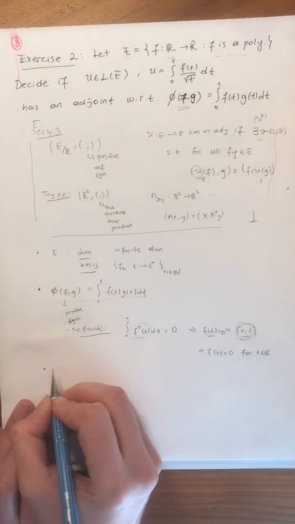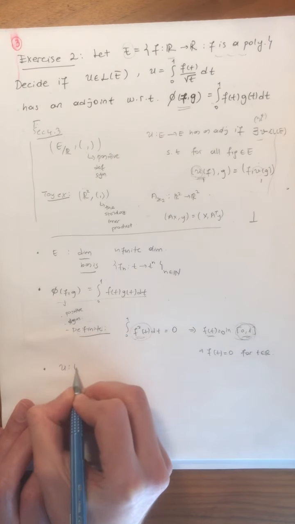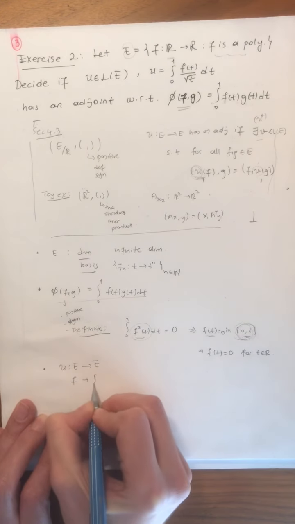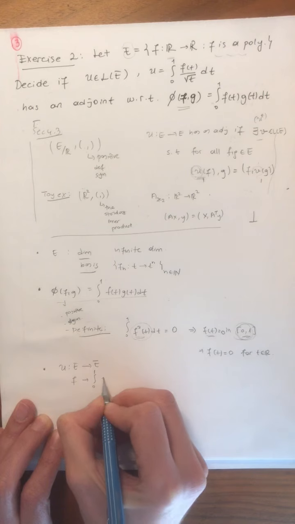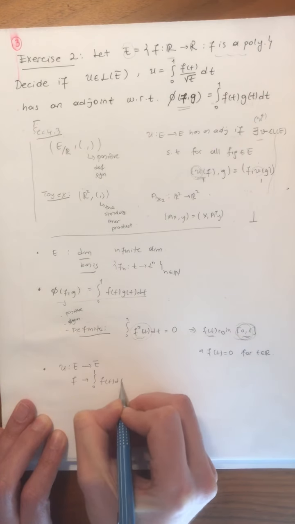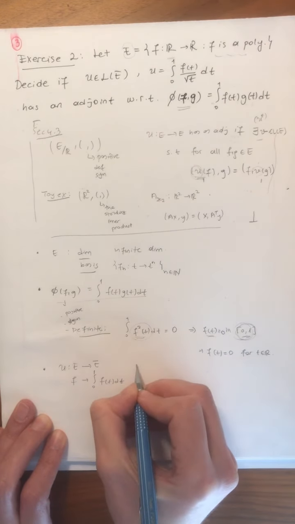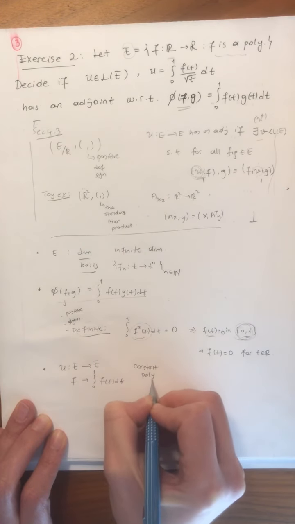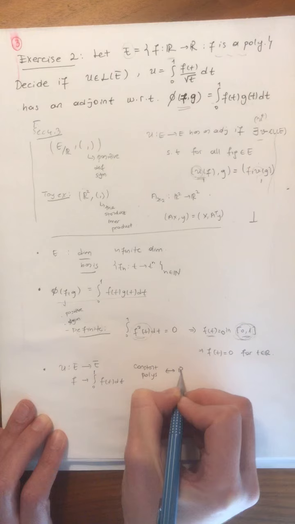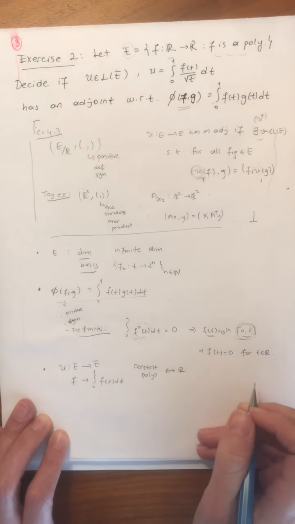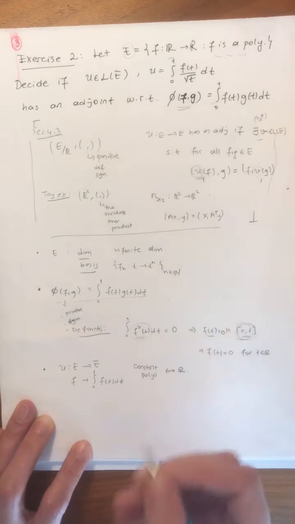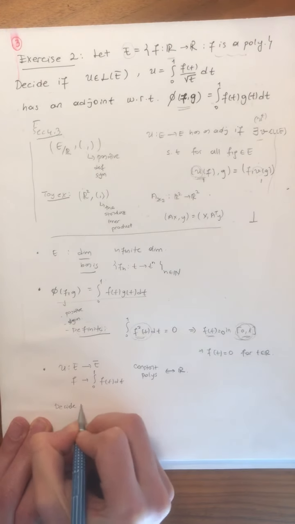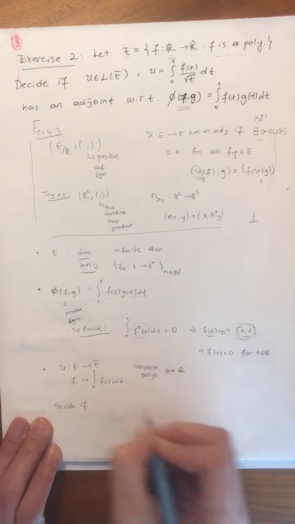And we want to decide about this given U. This is obviously linear. Actually, this is a functional, but you may consider the constant polynomials as real numbers in this vector space. And now we want to decide if U has an adjoint.